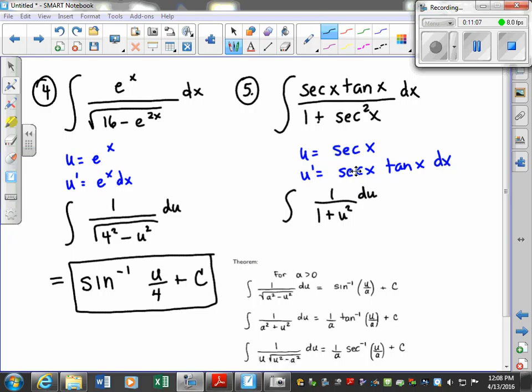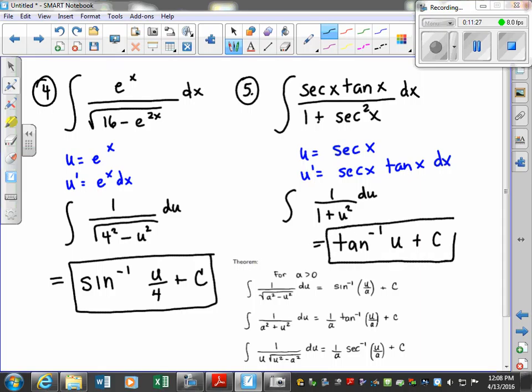So if I rewrote that using a u, it would be 1 over 1 plus u squared. Very nicely matches this, where a is going to be 1, so this is going to be tan inverse of just u plus c, because your a is 1. Alright, and that's a wrap.